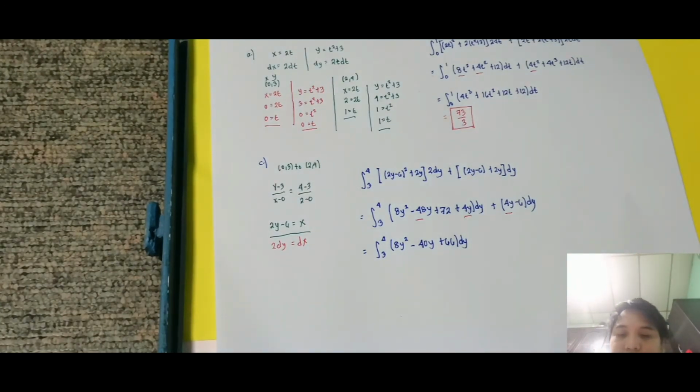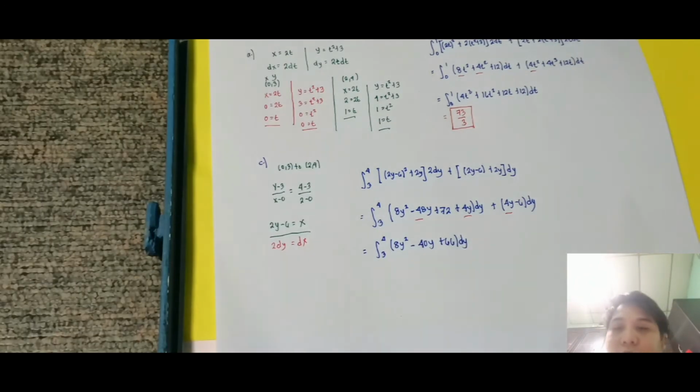This integral from 3 to 4 ng 8y squared minus 40y plus 66.